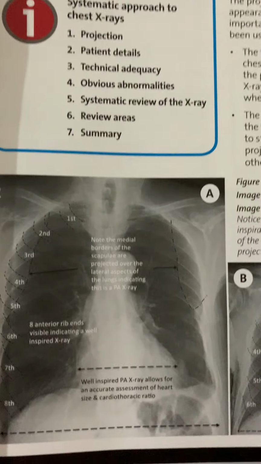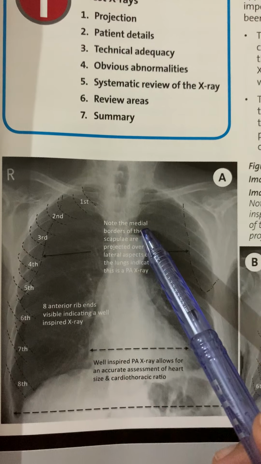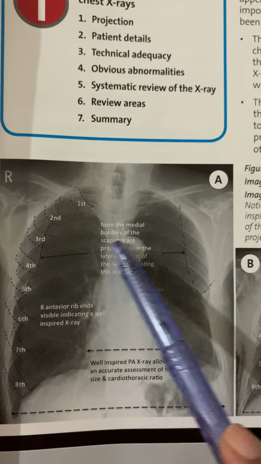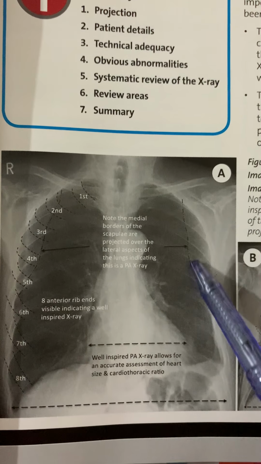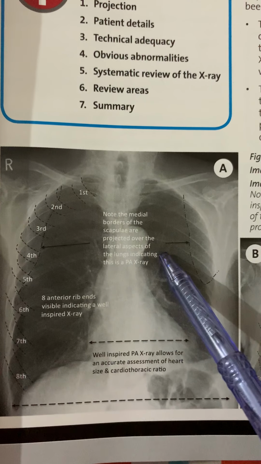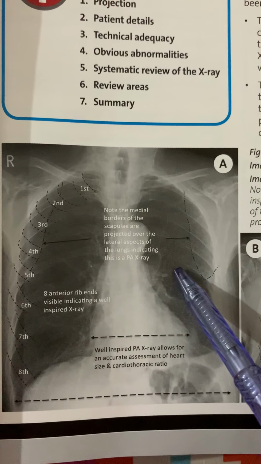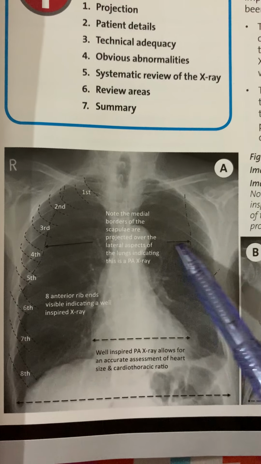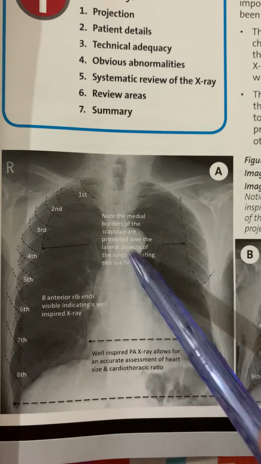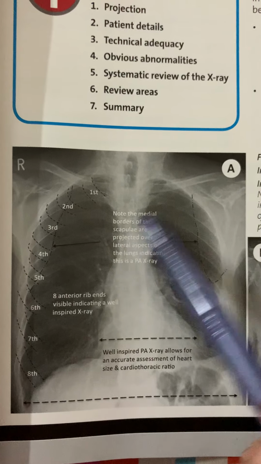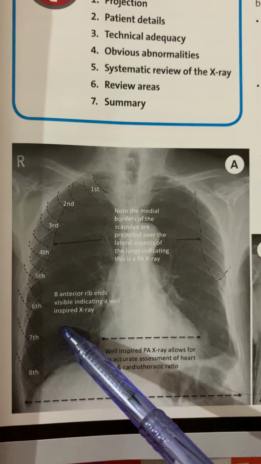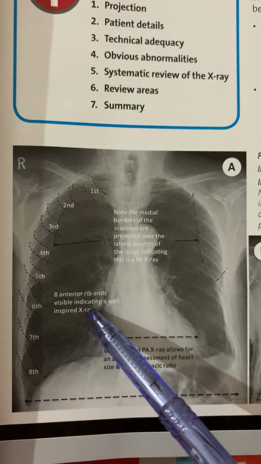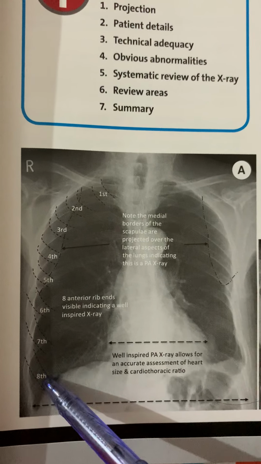So coming towards figure A, note the medial borders of the scapula are projected over the lateral aspect of the lung, indicating that this is a PA X-ray. So the scapula is pushed away from the lung fields, so it provides more details to look at the lung parenchyma. And 8 anterior rib ends are visible, indicating a well-inspired X-ray.